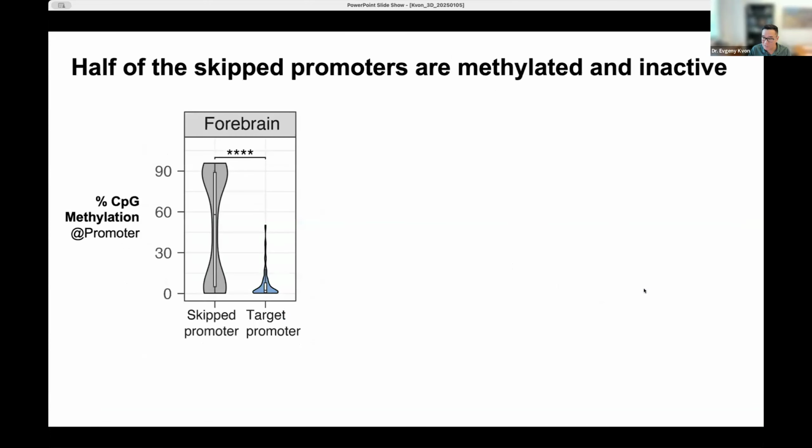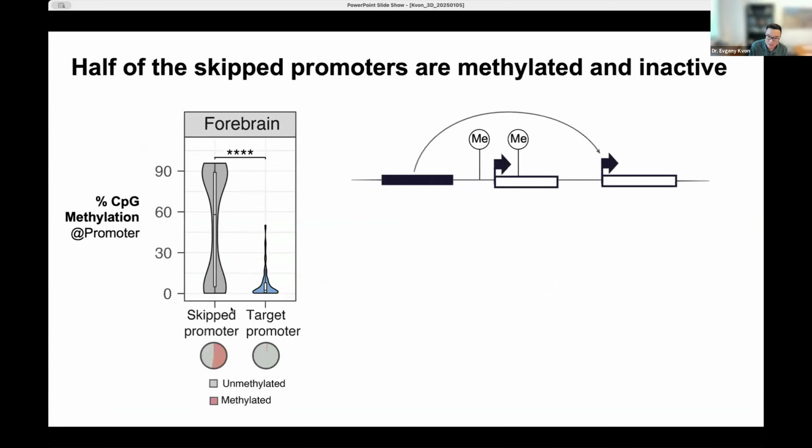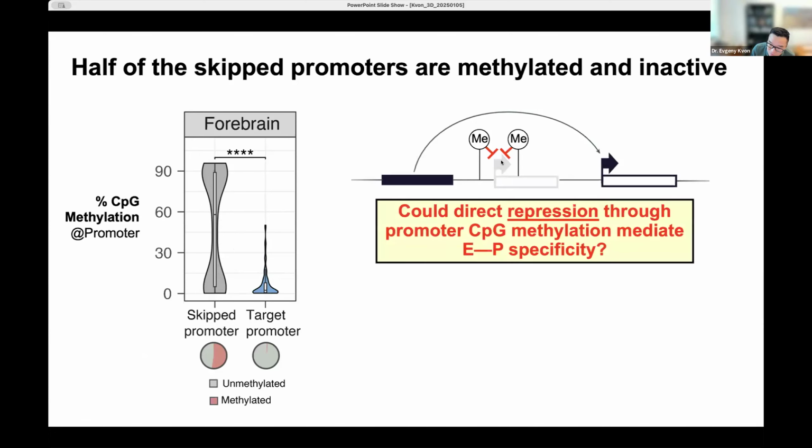The only thing that stood out was that for the skipped promoters, half of them were fully methylated at the CpGs at the promoters, and they were also repressed. They were not active, right? That suggests, and I have to say this is pure speculation, that in this 50% of cases where the bypassed promoter is methylated, methylation could in principle maintain that skipping status, right?